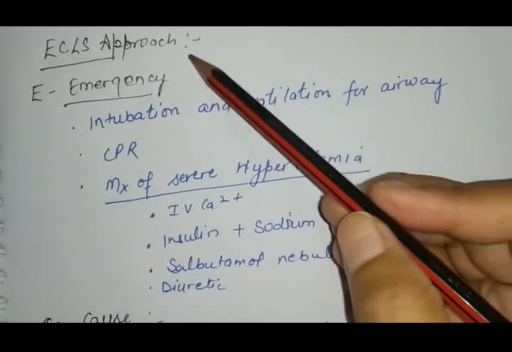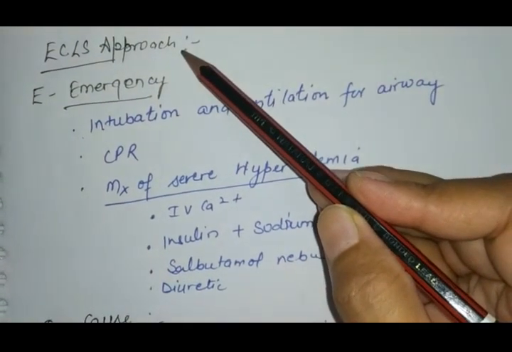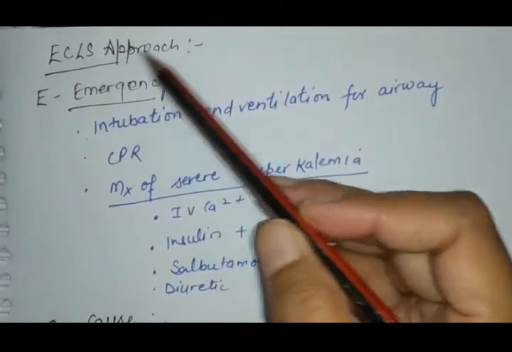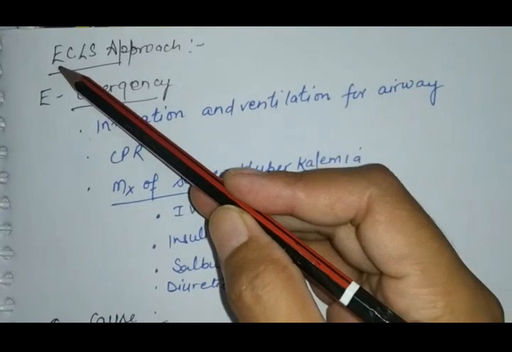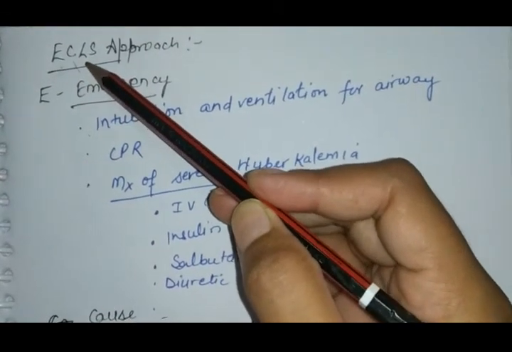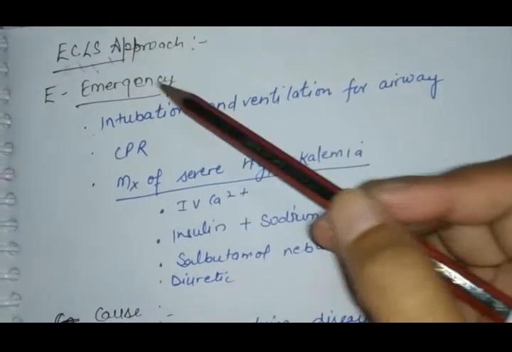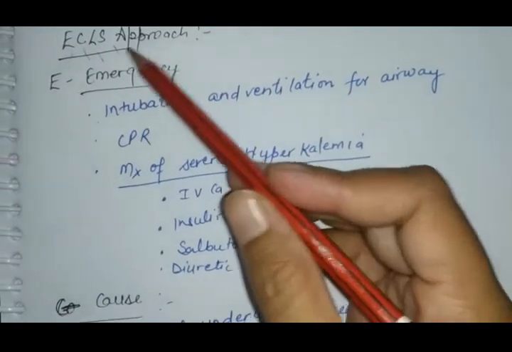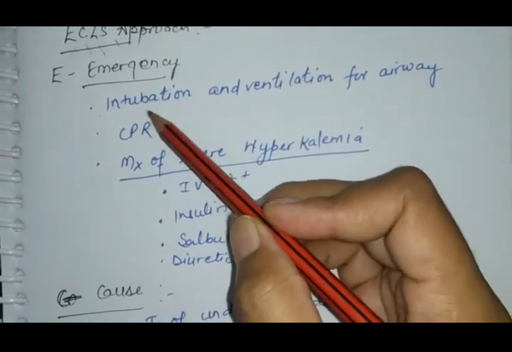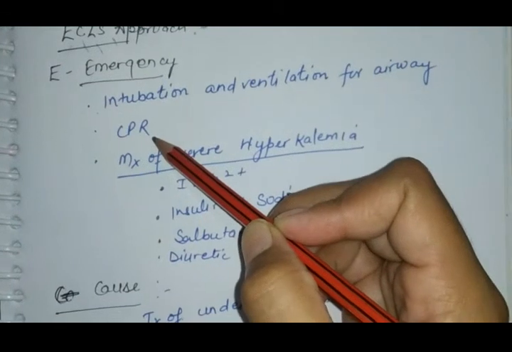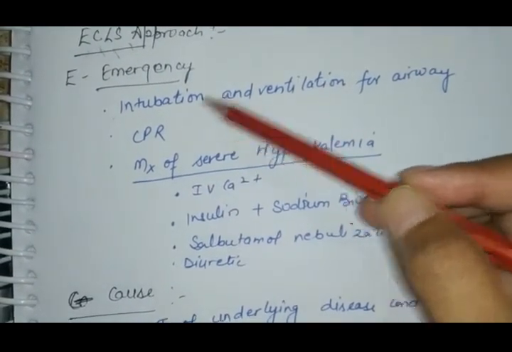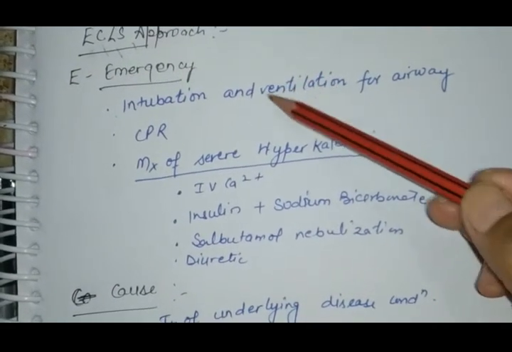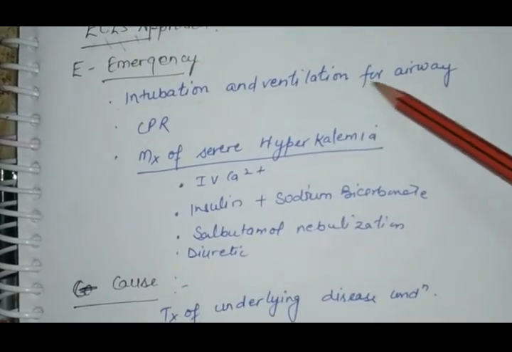There is one approach for management of metabolic acidosis, that is the ECLS approach. ECLS stands for E is emergency, C is cause, L is losses, S is specific approach. What do you mean by emergency? In emergency approach, we have to provide CPR if the person is having breathing difficulty or cardiac arrest, or intubate the person or keep the person on mechanical ventilation to maintain proper airway.